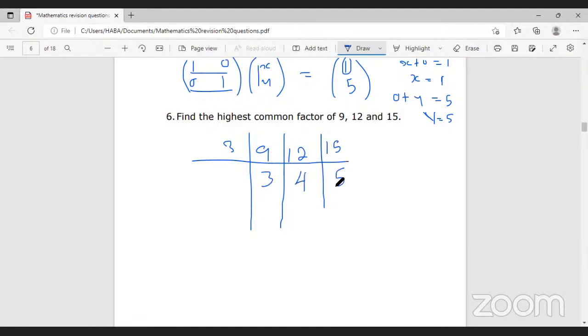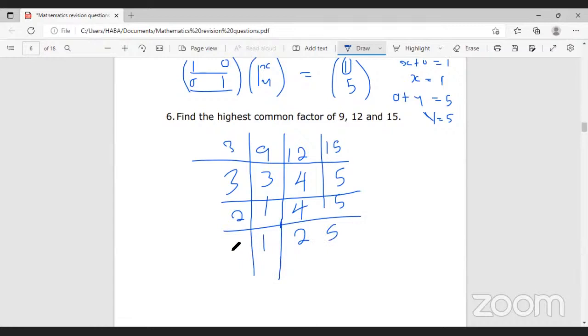By 3: 1, 4, and 5. By 2: 1, 2, and 5. By 2: 1, 1, 5. Then by 5: 1, 1, 1.